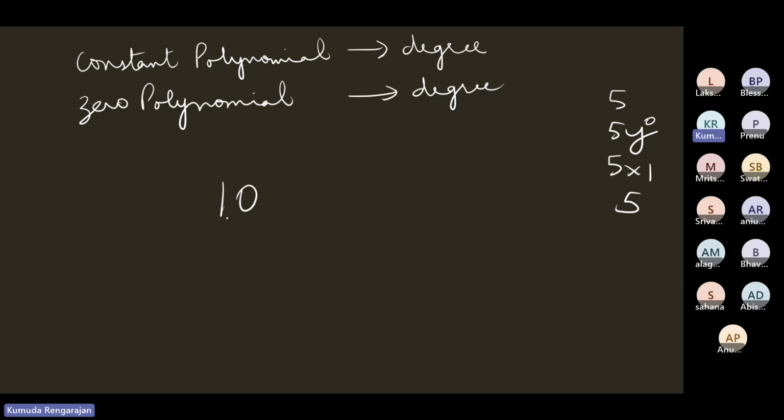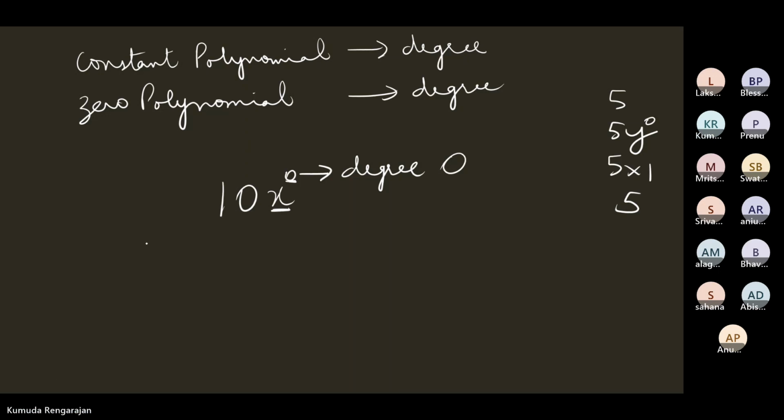But there's no variable here. So you put a variable like x. But you know 10 is different from 10x. So you'll immediately put 0 there because x to the power 0 is 1 and 10 into 1 is 10. Now the power of x is 0, so the degree of a constant polynomial is 0.